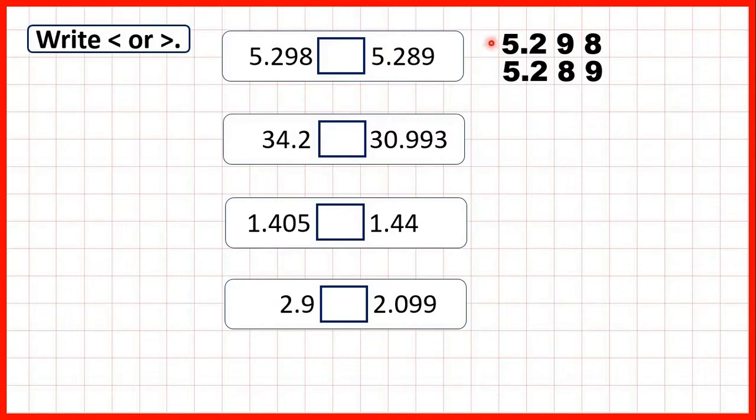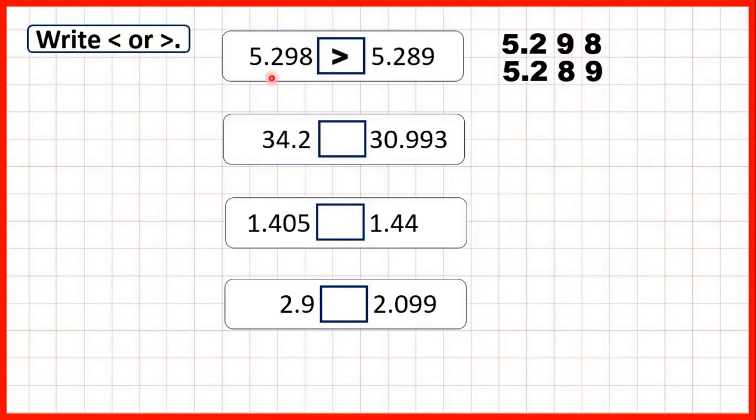Now we start by comparing the largest place values, so we work from left to right. Both numbers have 5 in the ones, so we go across to the tenths, but they both also have the same number of tenths. So we go on to the next place value column, so on to the hundredths. Now we can see that the first number has 9 hundredths and the second number only has 8.